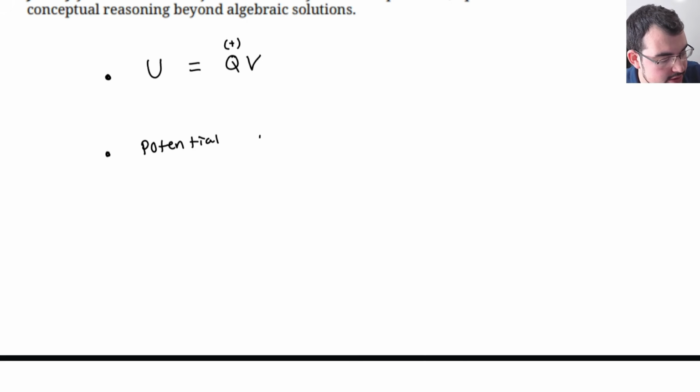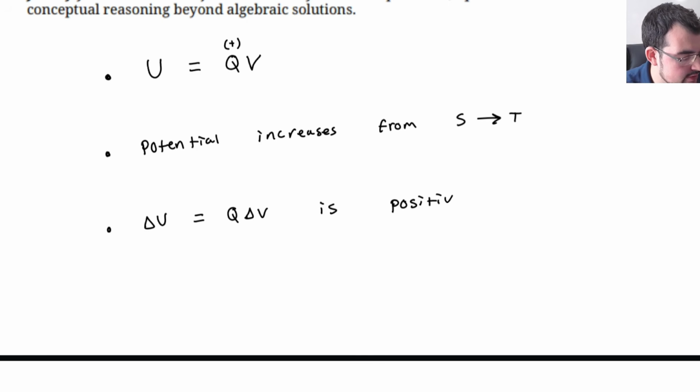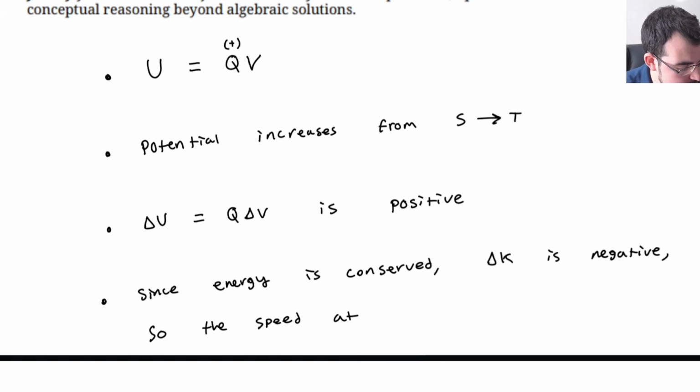The potential increases from S to T. So this means delta U, which is equal to Q delta V, is positive. But since energy is conserved, delta K is negative. So the speed at T is lower.